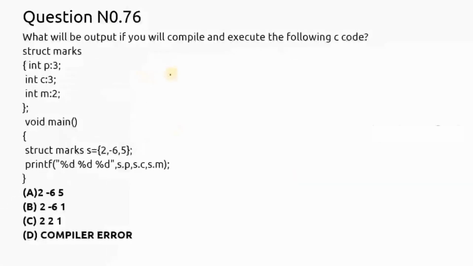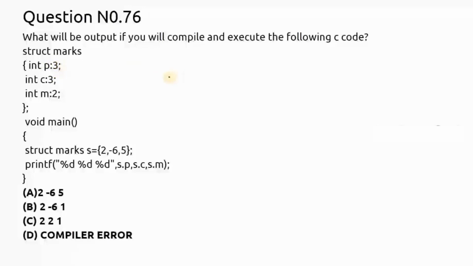Coming to question number 76. So here one structure is defined with 3 integer variables, that is P, C and M. Now here you can see colon 3 and here also colon 2. So what is the meaning here? The meaning is that an integer actually takes 2 bytes of memory, but here it is restricted to only 3 bits.